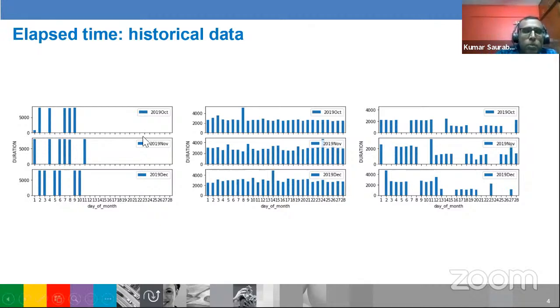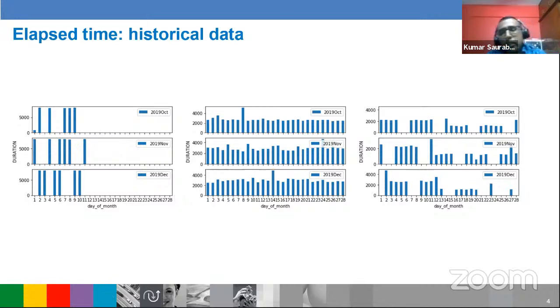This particular job was scheduled to run every day, and there was some pattern to it. There is huge variation: some days it takes 2 to 3 hours, and some days it finishes within a few seconds. So in this example, if I give a forecast for the next day, is it expected to take 2 to 3 hours, or finish within 2 to 3 seconds?